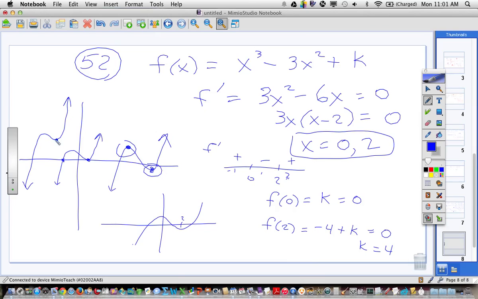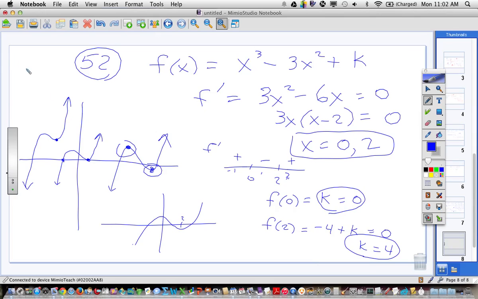So as I'm shifting down, when my minimum just touches is going to be when k is 4, right? And when my max just touches is when k is 0. So between 4 and 0, I'm going to have 3.